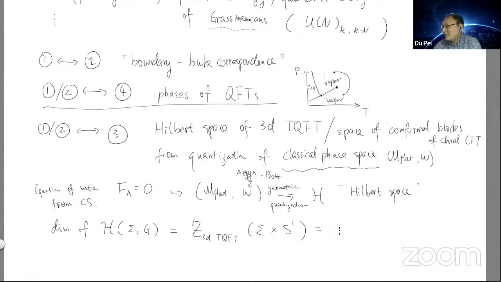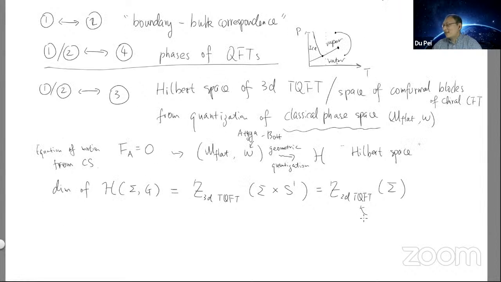And the reduction of a 3D TQFT will be given by a 2D TQFT. And this 2D TQFT that is obtained by this reduction has a name.